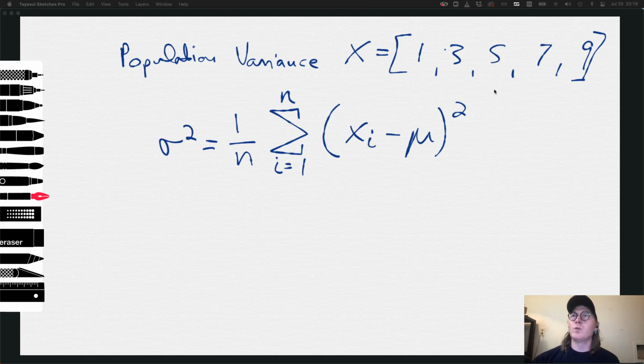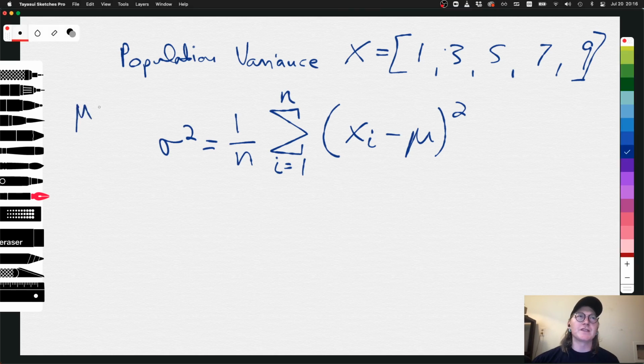But if we were to run through this, what is the mean here? It's going to be 5. So if mu is 5, in this case mu is going to be the same as the median, but mu is 5.